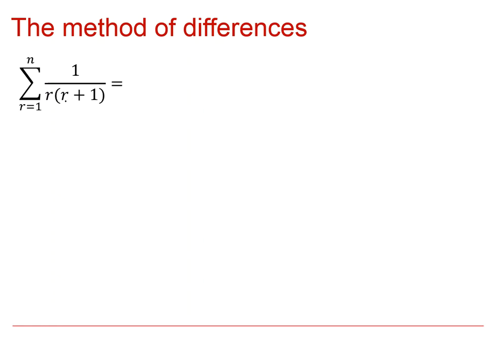Now we know, because we've just done it, that we can write this as the sum from r equals 1 to n of 1 over r minus 1 over r plus 1. And now we're going to write out the first 3 terms and the last 3 terms of this sequence.